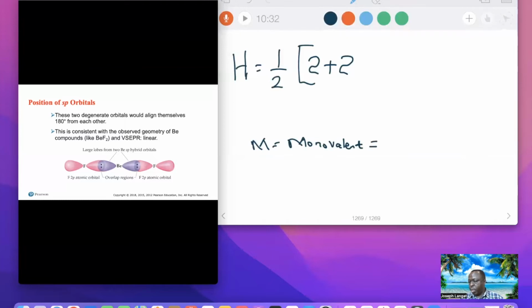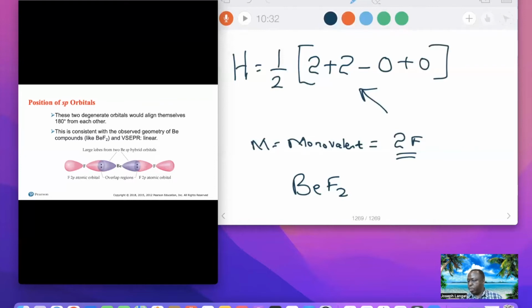In this case, we have 2 fluorines, therefore we have 2 there, minus 0, because it's a neutral molecule, BeF2. It's not a cation. Plus 0, it's not an anion either, which means a half of 4 is 2.